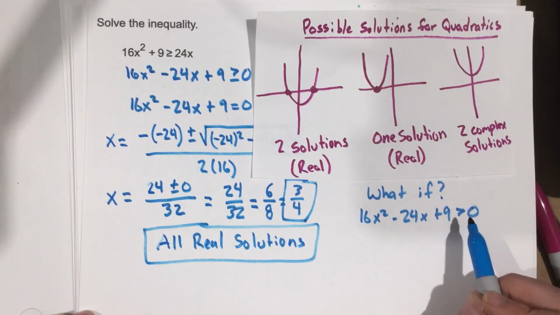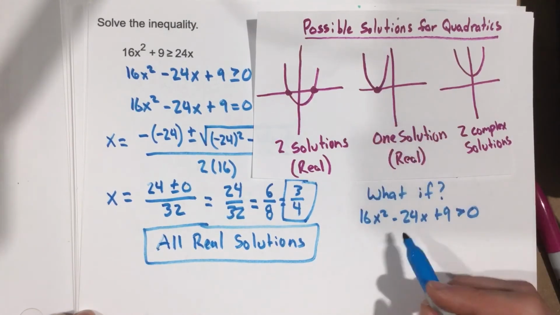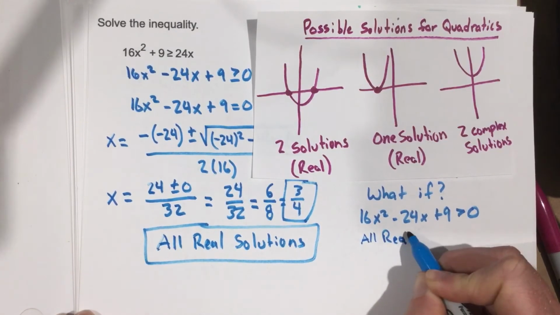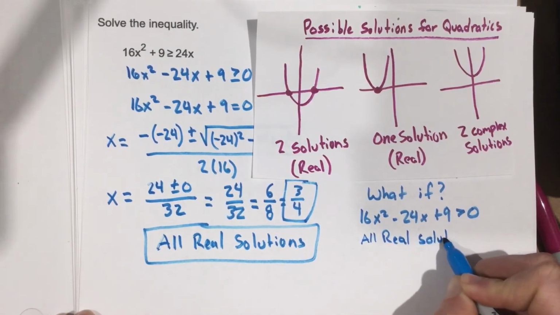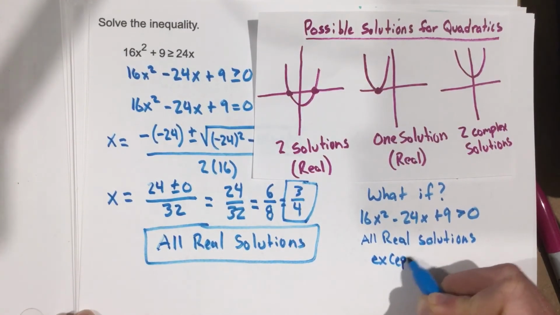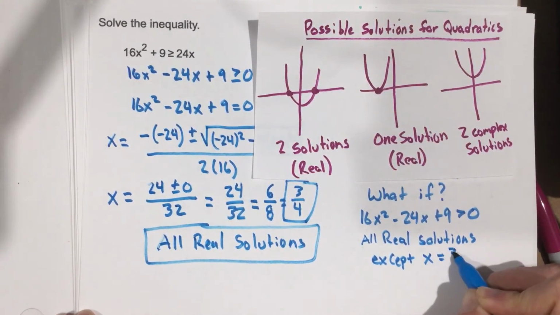And so we have to be above 0. So our solutions have to lie above 0. So this would be all real solutions except x equals 3 over 4.